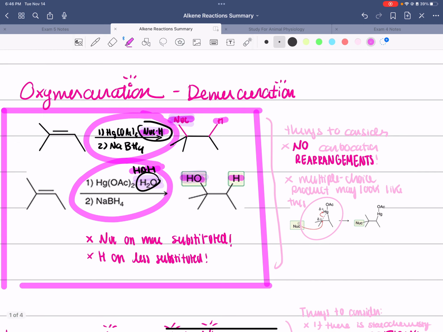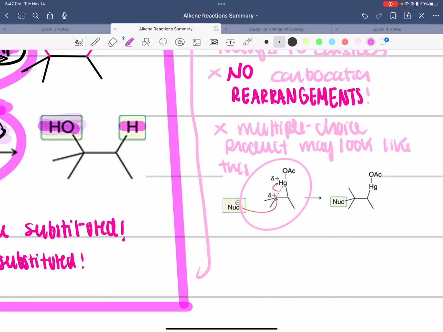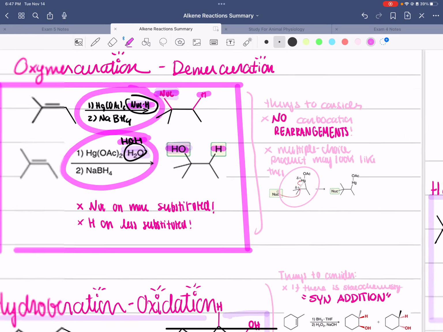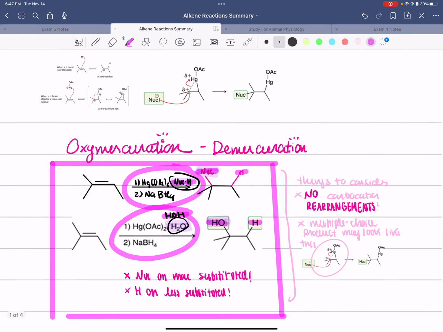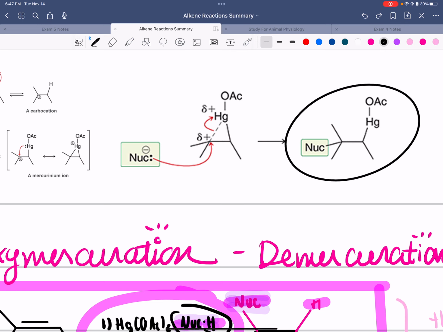So some things to consider for this reaction is that there's no carbocation rearrangement, and sometimes in a multiple choice question, the product may look like this. I want you to be able to see the mechanism. First of all, before your nucleophile comes in, everything's together like this, kind of like a triangle.